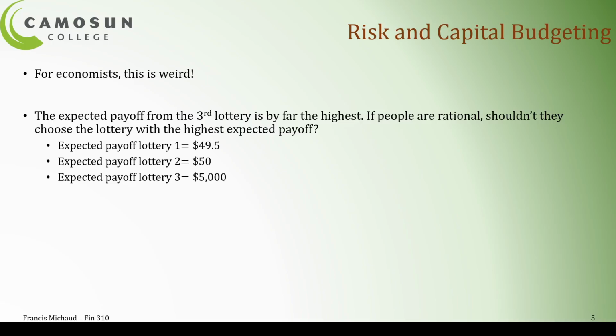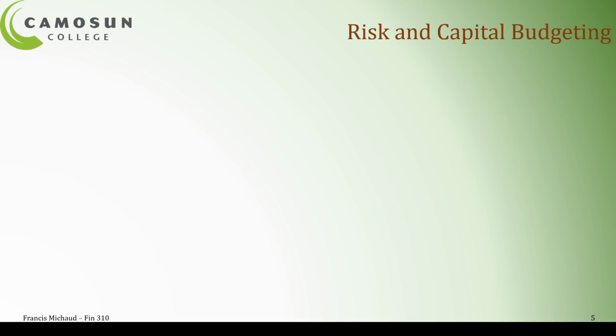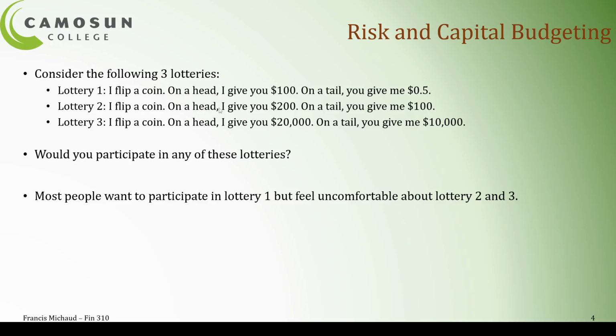Okay, what is happening here? I'll just go back to the previous slide, if you don't mind. Okay, what is happening here? What's happening here is that most people are risk averse. Again, in a class, I would make you raise your hand and we could see who chooses which of these lotteries. But most people will pick lottery one because the amount that you lose if you do end up losing is really low.